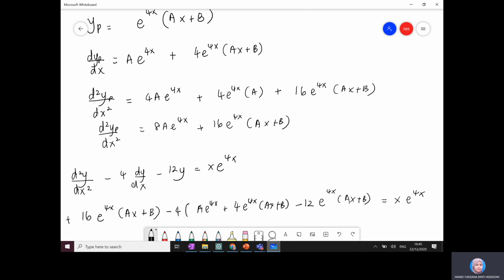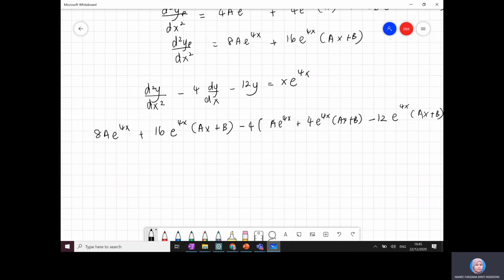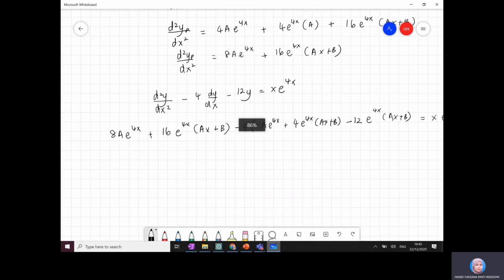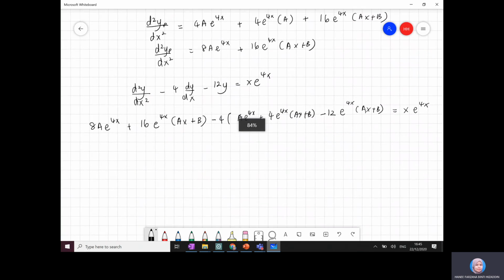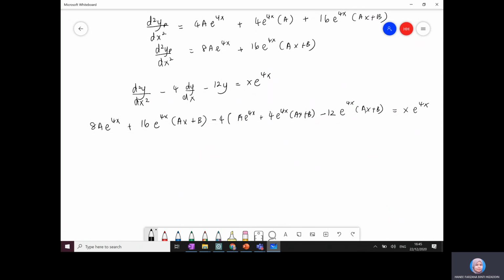The next step is to compare the coefficients. So you need to collect all the terms together. Okay, hope you can get the whole line. So then, let's collect all the terms together. So you collect e^4x. So you got, I don't know, 16b minus 16b. Well, you need to do it on your own also, okay?